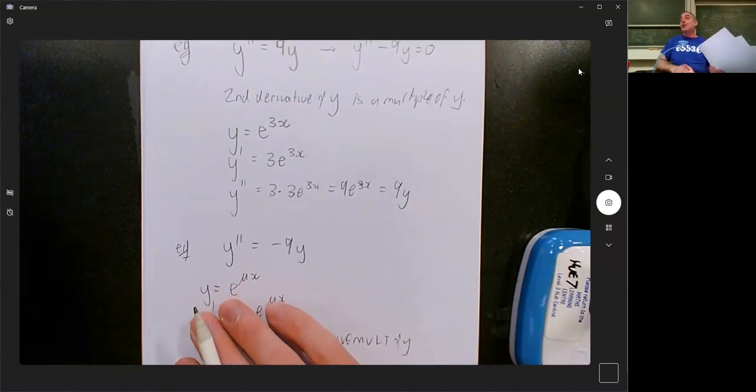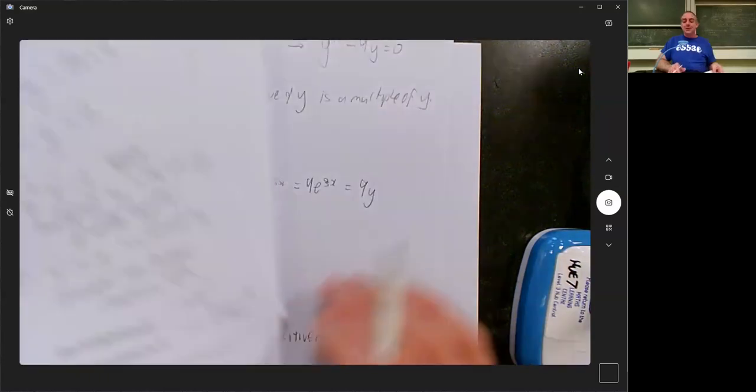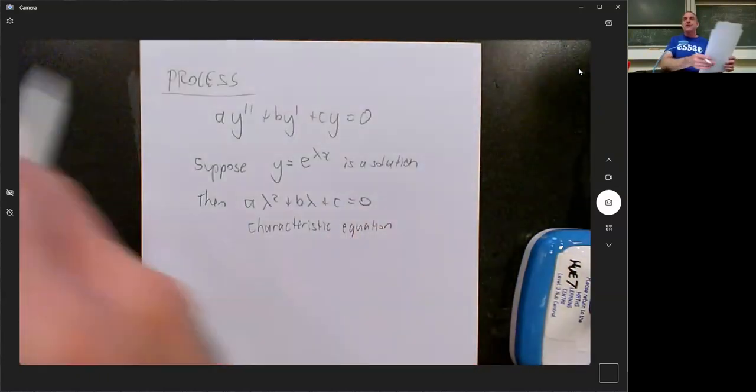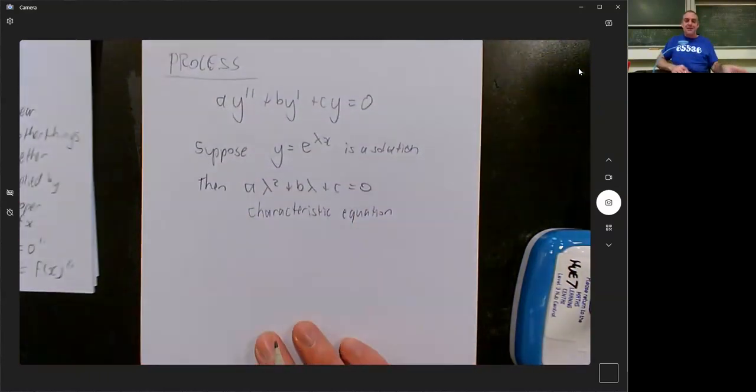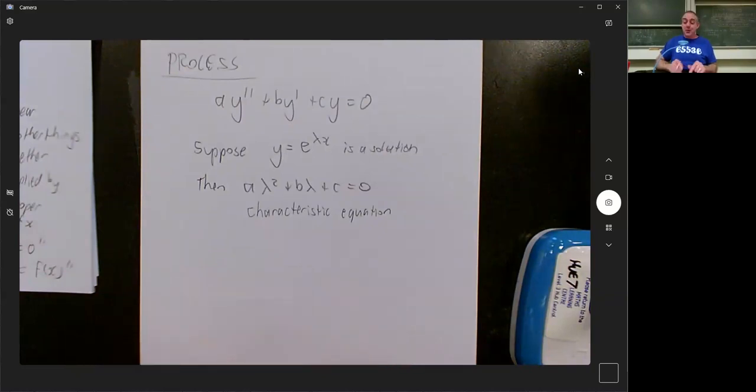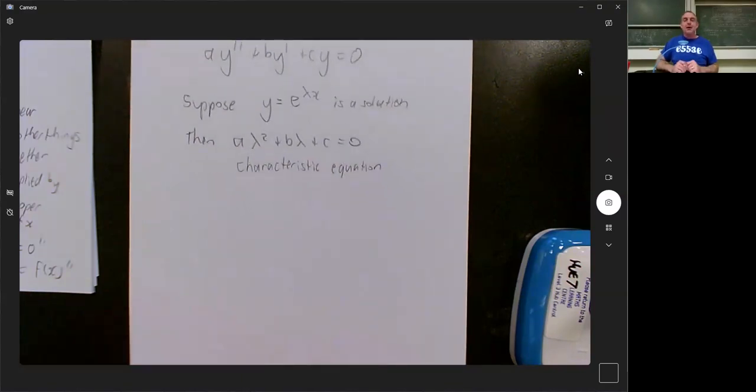When you do the process, you get a multiple of the original. And so they're eigen things. And so this lambda is an eigenvalue, actually, and that's why it's called a characteristic equation. So there you go. And that's why we use lambda for it as well. Maybe not why. I think these things were invented at separate times and then brought together later.